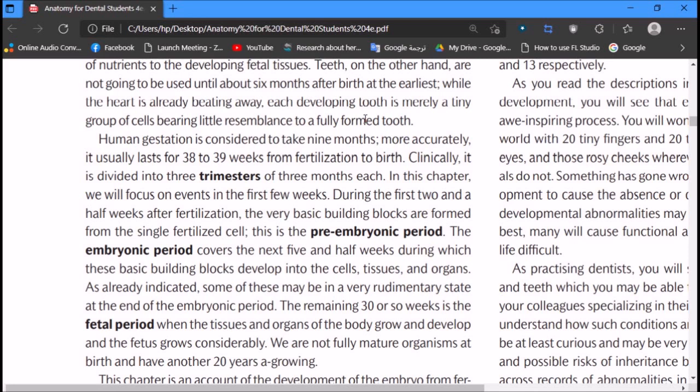of chapter 13 respectively. As you read the descriptions in this and other chapters covering development, you will see that embryology and development is an awe-inspiring process.